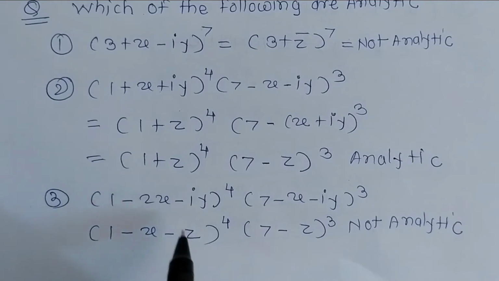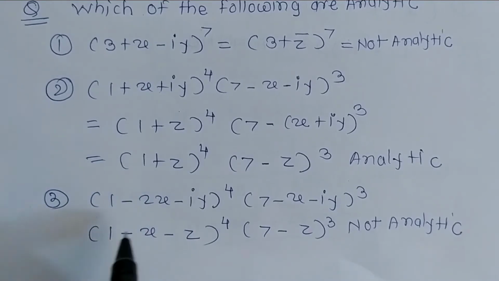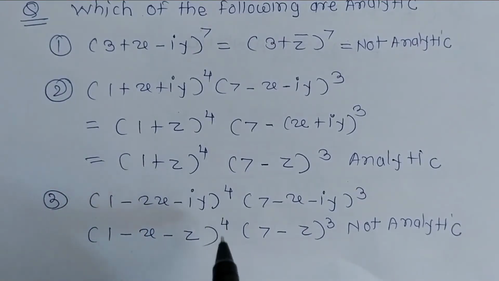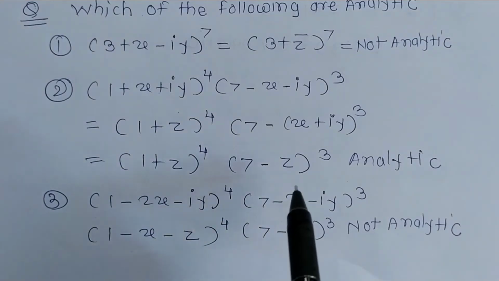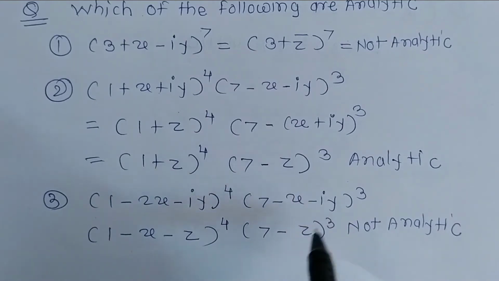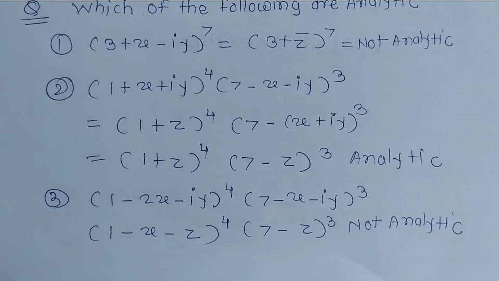Okay, so that is z. So (1 minus x minus z) raised to 4. Here 7, take a minus sign outside, so it becomes x plus iy, that is z cubed. So this is not analytic. Okay, so this one is not an analytic function.